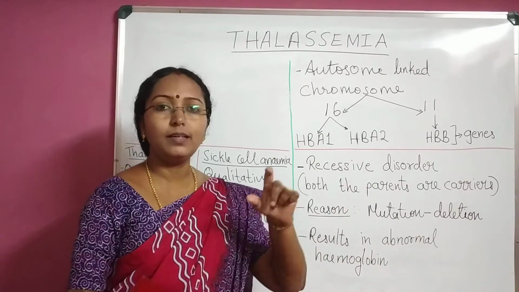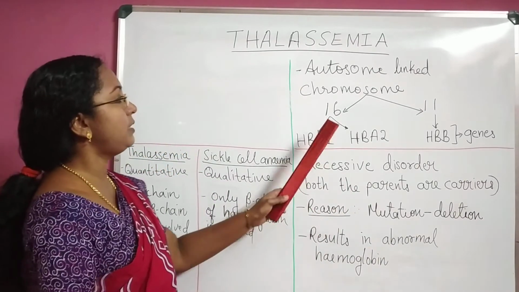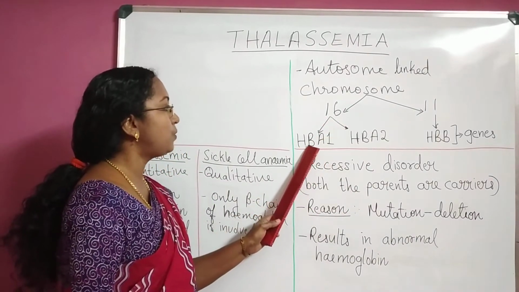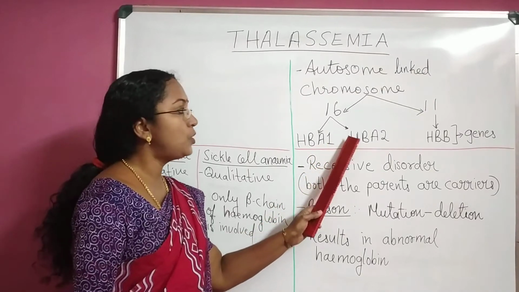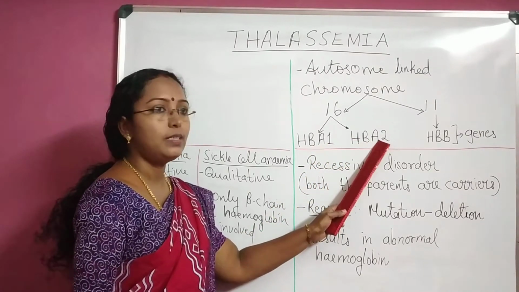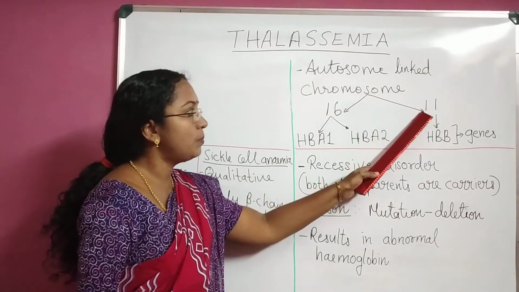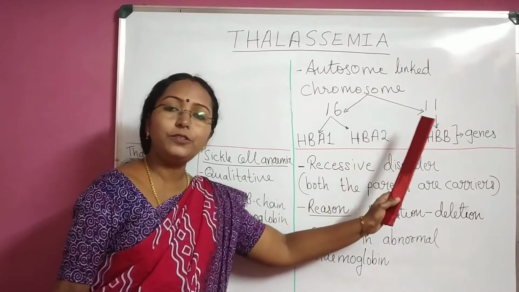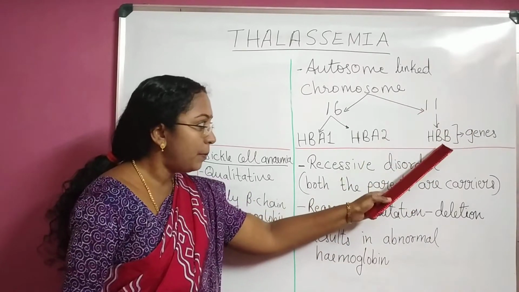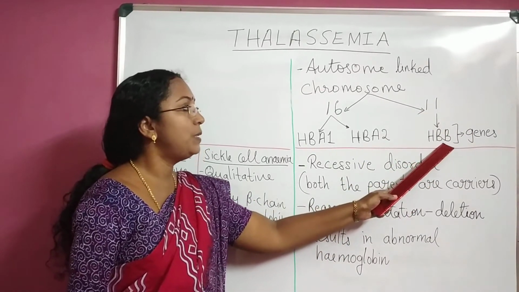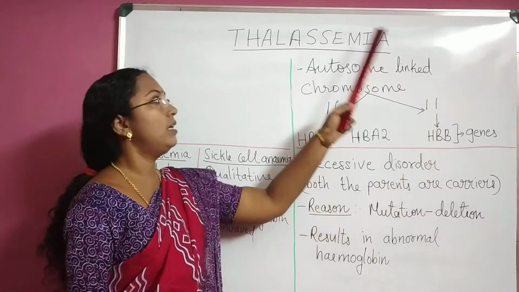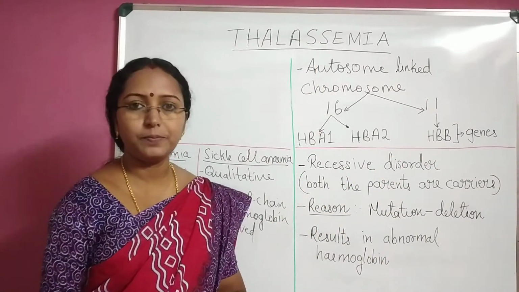To make it clear, if in chromosome 16 the genes HBA1 and HBA2 are affected, then it results in thalassemia. Again, in chromosome number 11, there will be plenty of genes, but if among those genes HBB is affected, then again it will result in thalassemia.